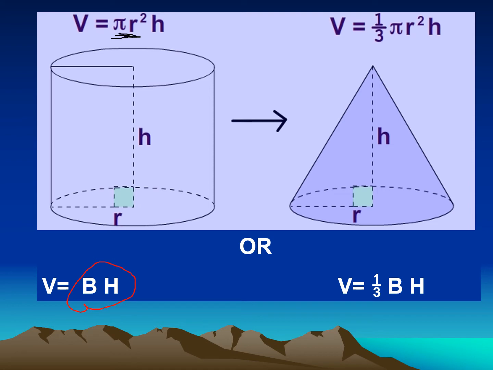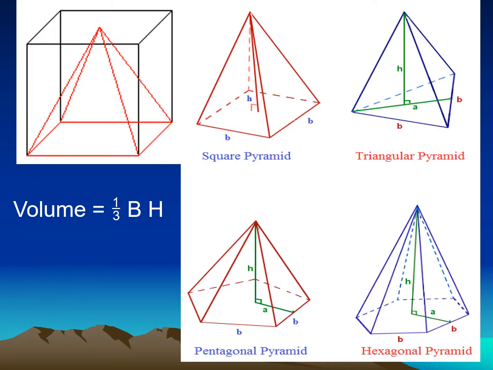Now, a cone is like a cylinder that's cut off. It's actually 1/3 the size, and so that's just a common thing that always happens, and they expect you to remember that formula compared to a cylinder for the ACT. It's 1/3 the size. I'll show you in class an example of it.